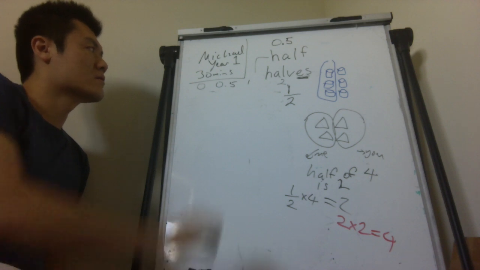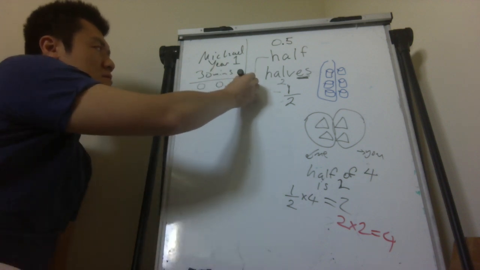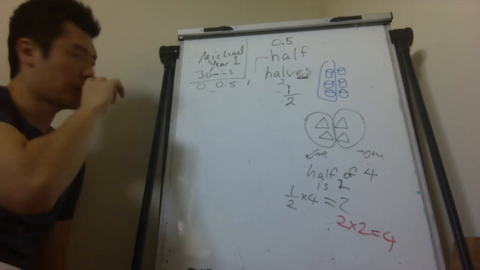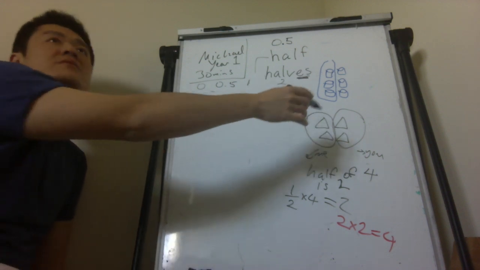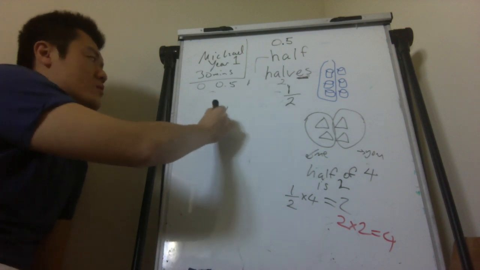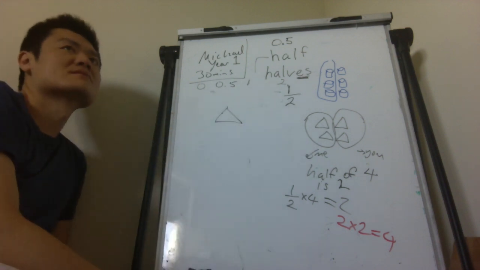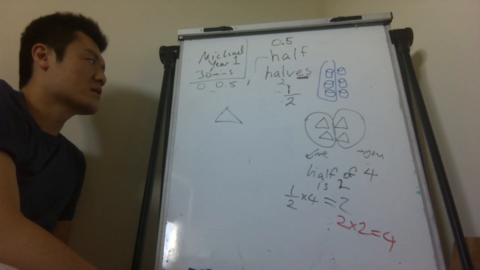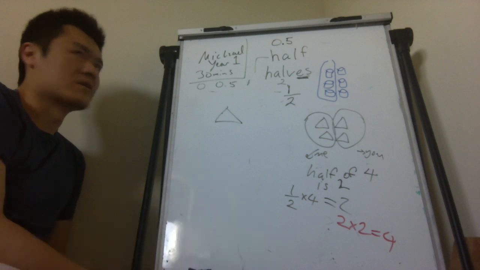Okay. So now what I want to do is when the numbers are small, okay? So if you have 4 triangles, you split into 2, right? Yeah. What if you just had one triangle? You can only split it in half, and they go into 2 different shapes. Maybe imagine it's like a piece of cake, right?